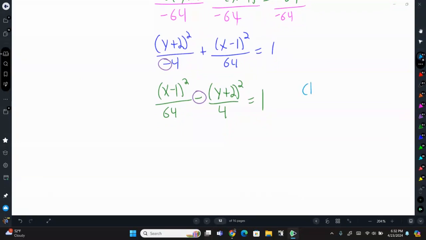The center, our h comma k, is positive 1 comma negative 2. And because the x is positive, this is a horizontal one, so it's going to look like the previous problem. A squared is equal to 64, so a is equal to 8.